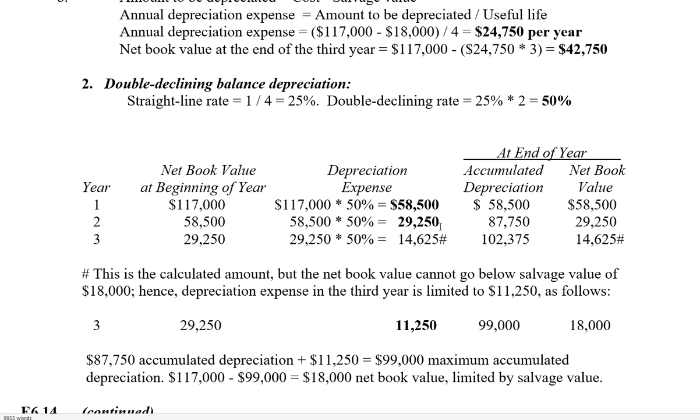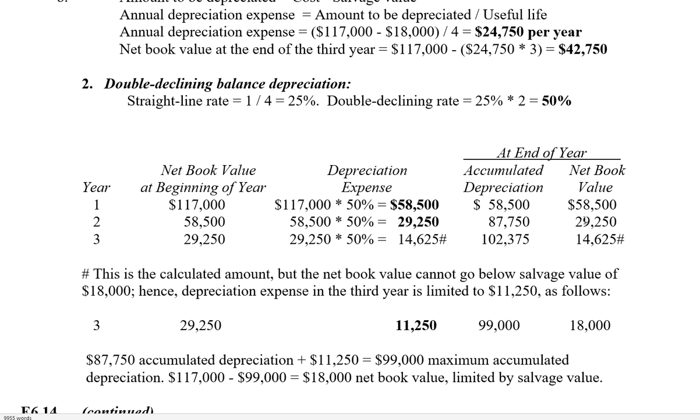So we get over here to accumulated depreciation, and we just take the 58,500 and add this 29,250 to it and get 87,750. And that means the 117 minus the accumulated depreciation of 87,750 gives you a net book value of 29,250.